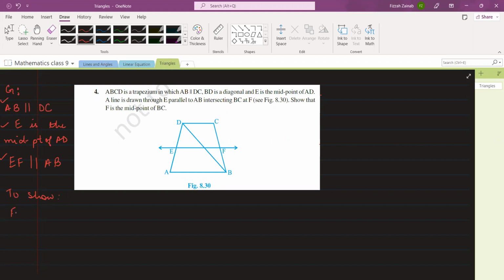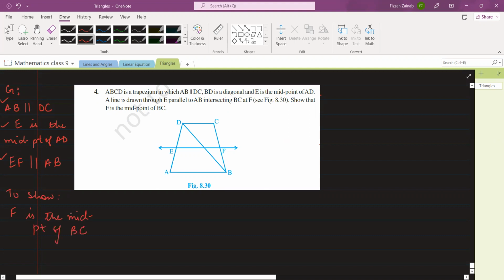To show F is the midpoint of BC. Okay. Let us do the proof here. Let me give this intersection point some name.